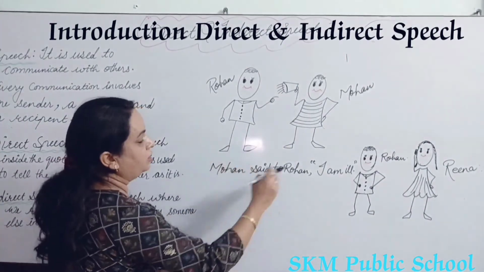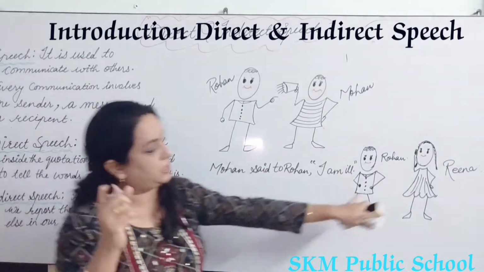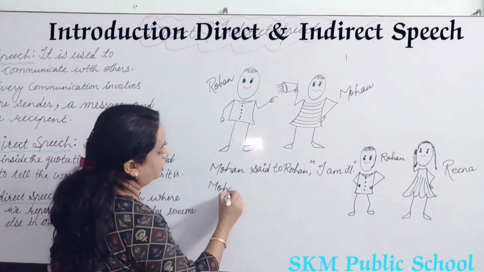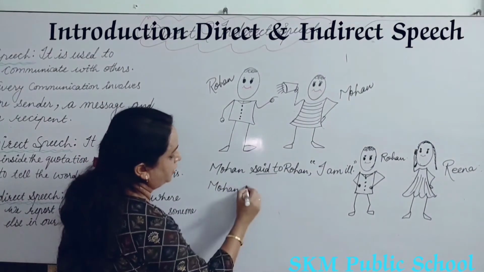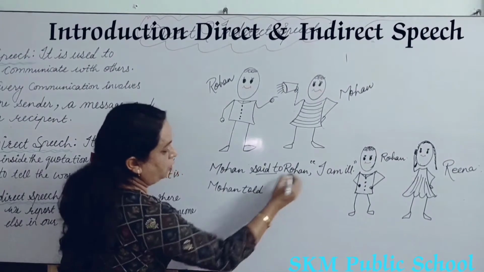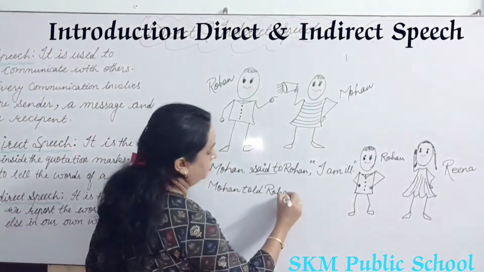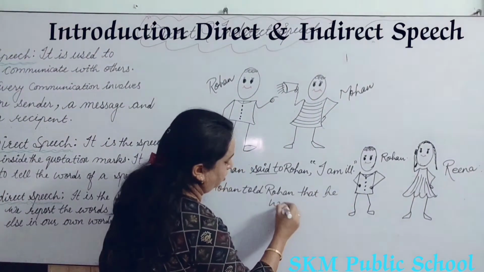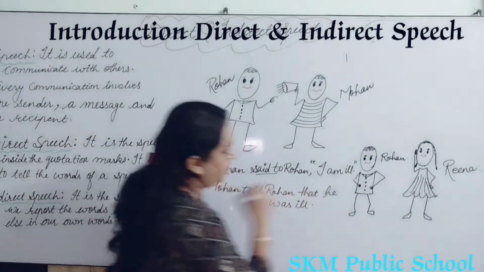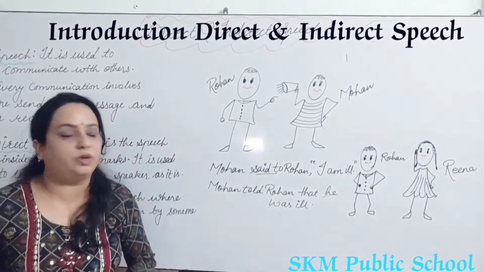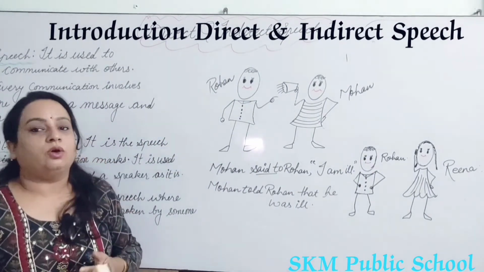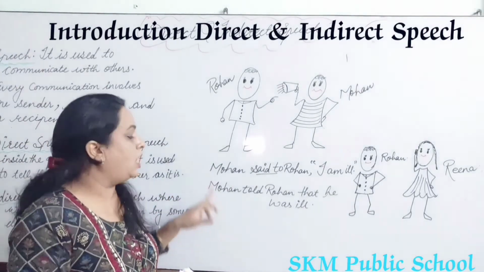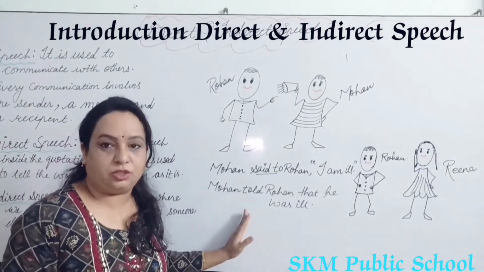Now when Rohan will tell this to Reena, he will say Mohan said to, changed into told Rohan that he was ill. Now you can notice a change here, in the sentence he used in direct speech and in indirect speech.